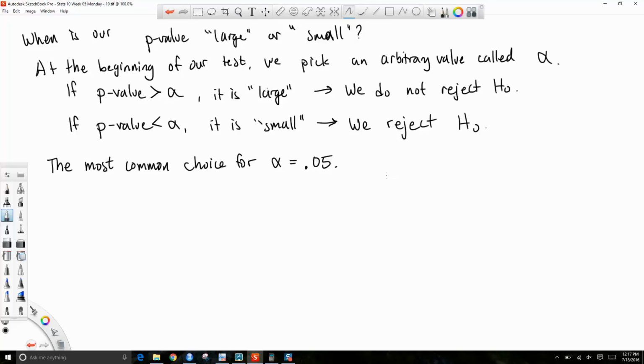And in statistics we have to establish some arbitrary value, such as 5%, which is probably a good value, but if we wanted to, we could choose a different value, okay? So the most common choice for alpha is 5%, but we can use alpha equal to 0.01, or use alpha equal to 0.10, or anything in between, really.